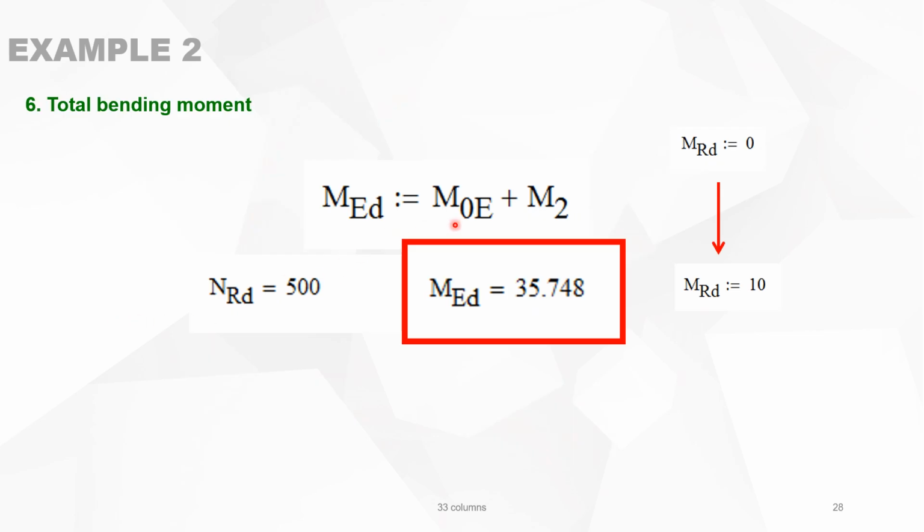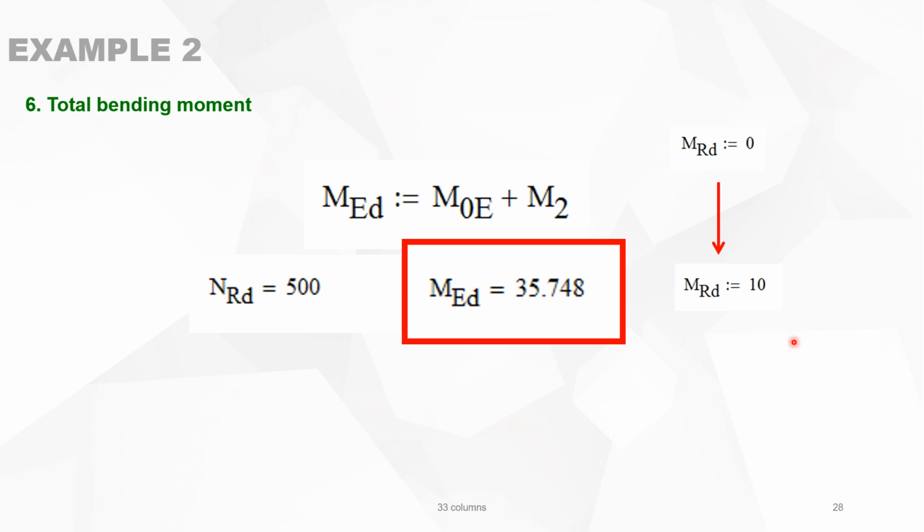So the column must be checked with a bending moment equal to the first order bending moment, which was 0, and the second order bending moment, which is now 35 in total. When I say the first order bending moment was 0, it was in the sense that there was no external force causing the bending moment, but you always have to put a minimum eccentricity to the normal force.